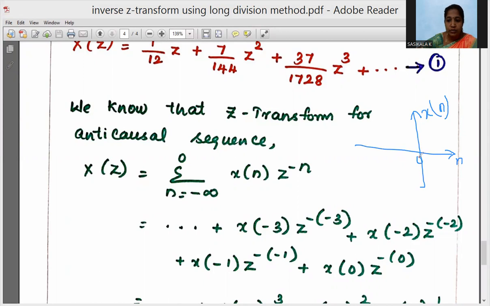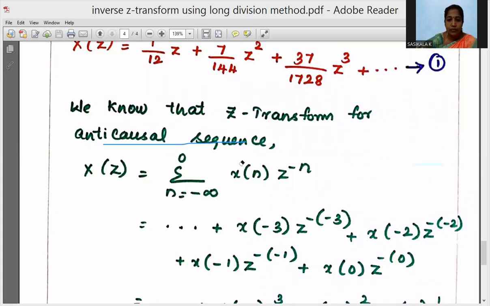My n values are n is equal to 0, minus 1, minus 2, till minus infinity. For anti-causal sequence, x of z is equal to summation n varies from minus infinity till 0 of x of n into z power minus n.